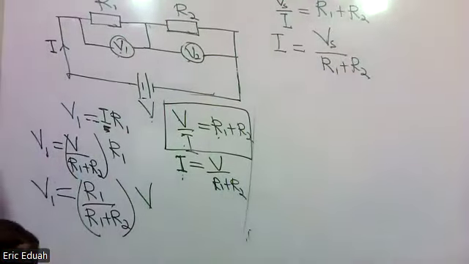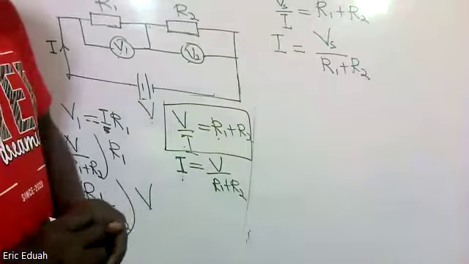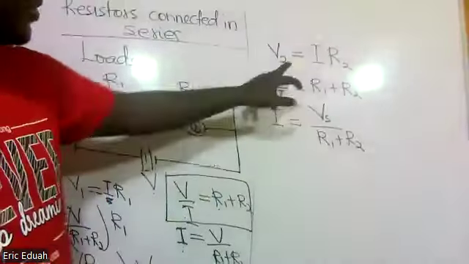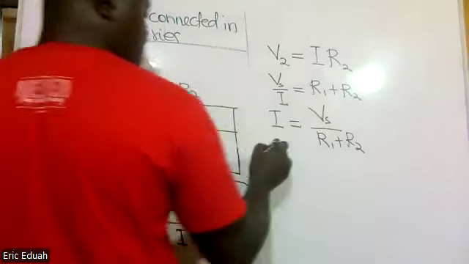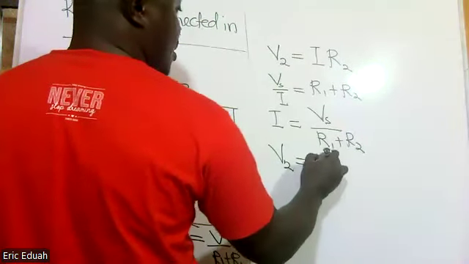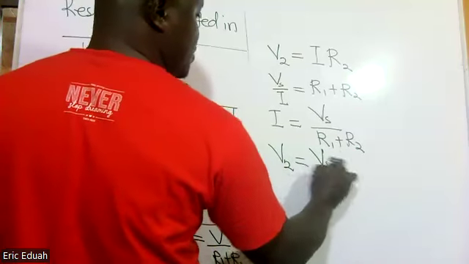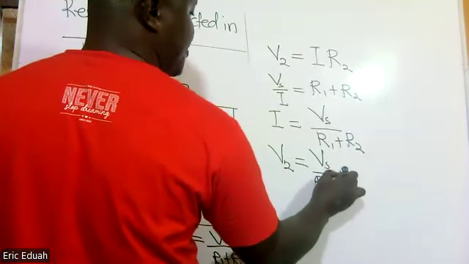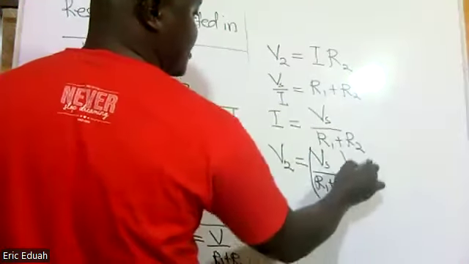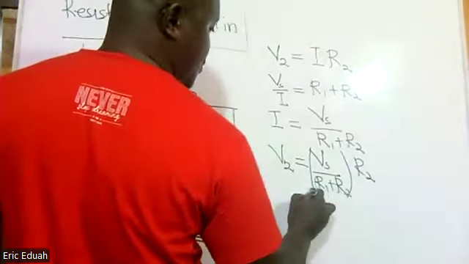Then we substitute I into this equation. V2 therefore becomes V source over R1 plus R2 times R2.